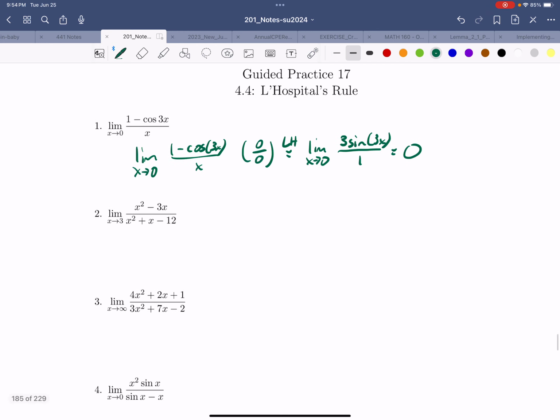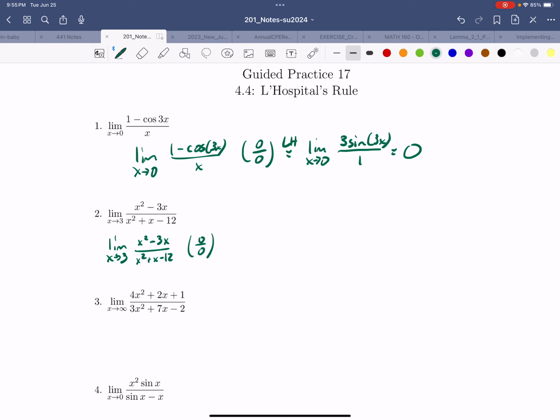Something a little more involved, number 2. Let's see here, we have the limit as x approaches 3 of x squared minus 3x all over x squared plus x minus 12. Well, if you plug that in, let me just make it clear that that's an x. Plug that in, and you get 0 over 0.